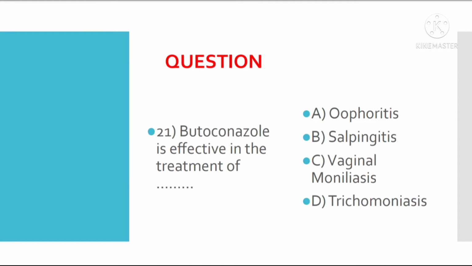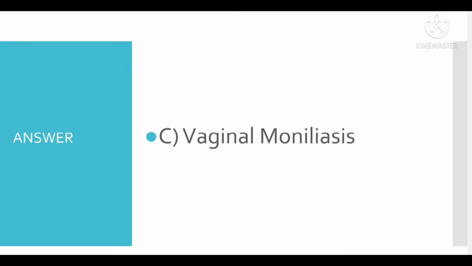Next question, 21. Butoconazole is effective in the treatment of dash. Option A oophoritis, option B salpingitis, option C vaginal moniliasis, option D trichomoniasis. Here the correct answer: option C, vaginal moniliasis.